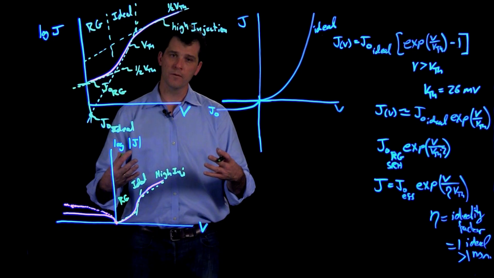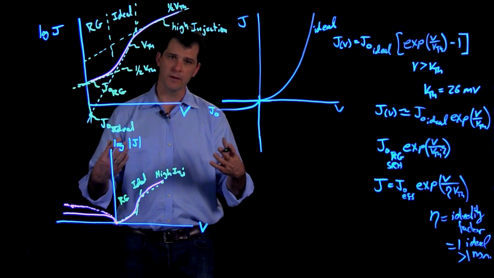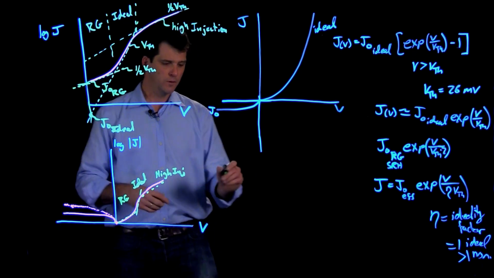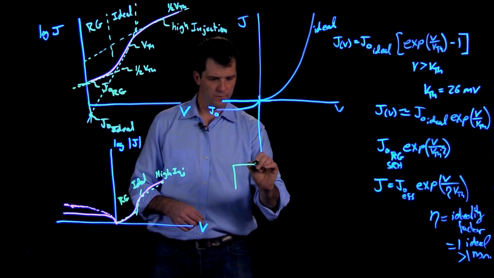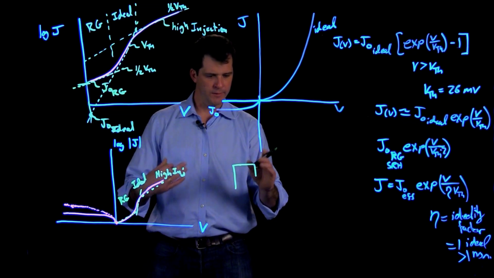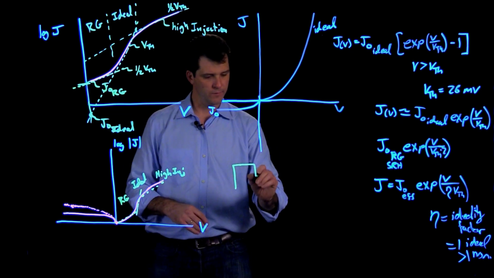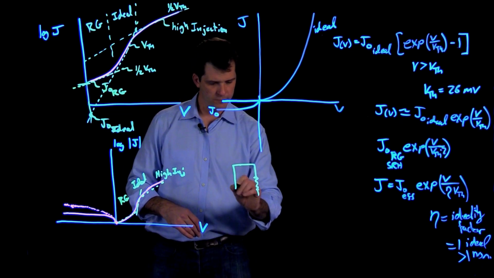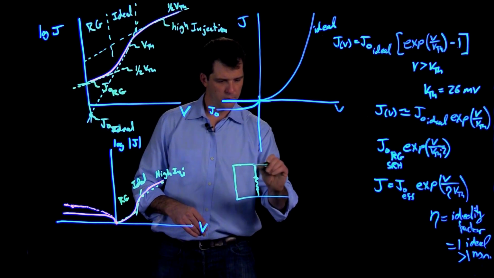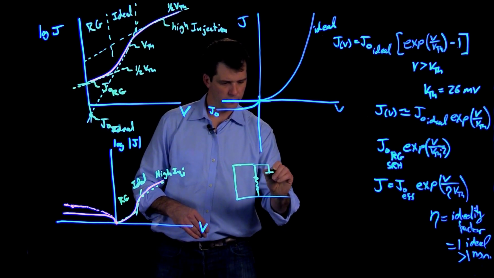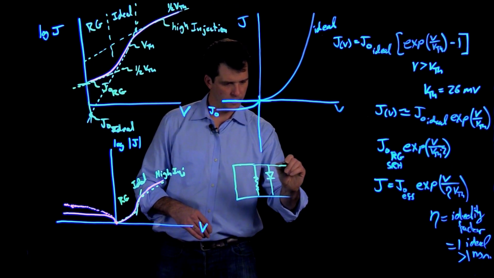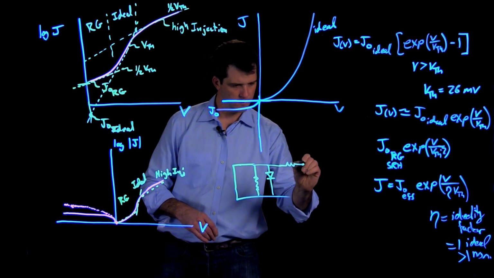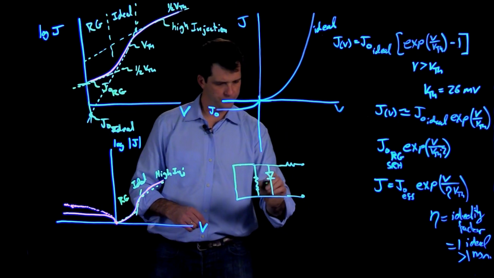You may also see parasitic effects. So if your diode has other non-idealities not having to do with the p-n junction itself, you might be able to represent your system, your total diode, as an equivalent circuit that has shunt and series resistance in it.